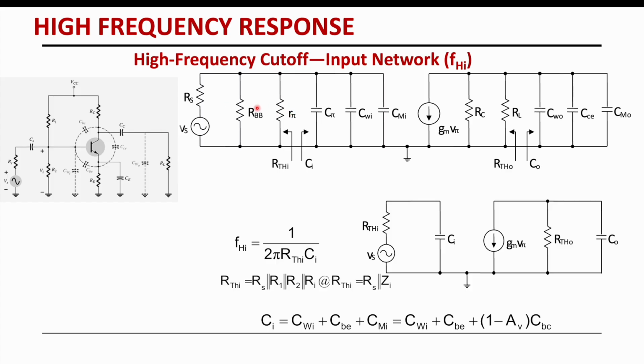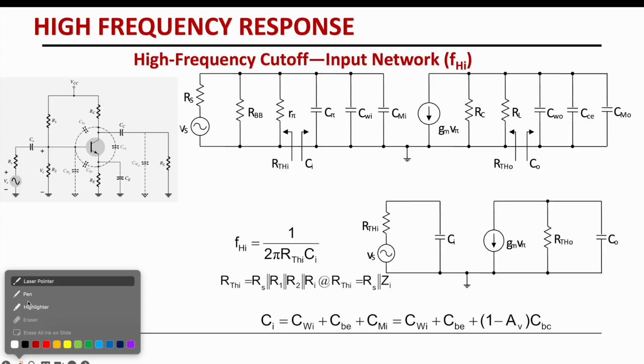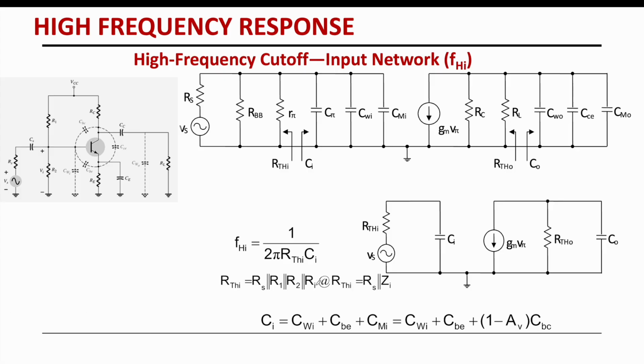Since all of this is parallel, RS is parallel with this, so your R Thevenin, in order for us to calculate the input impedance, will be RS parallel with R1 parallel with R2 and parallel with R pi. I wrote RI, but this is actually R pi, I'm sorry. Can you please make a correction of it? This is supposed to be R pi. So RS, R1, R2 and R pi are all in parallel.